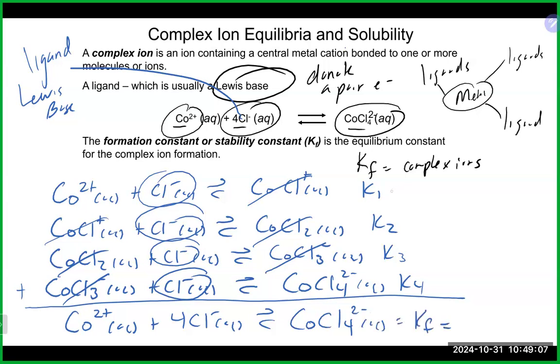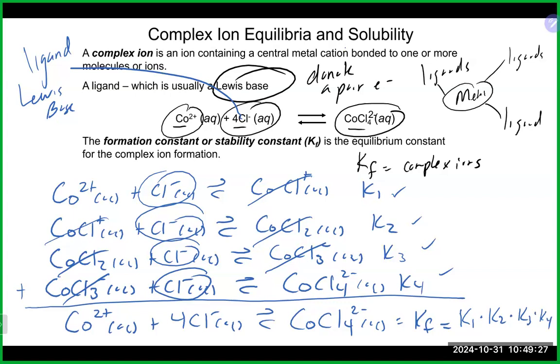By the way, if I knew just these numbers and I wanted to calculate the Kf for this, what should I do with those numbers? Add, subtract, multiply, divide? Yes, good answer. You should multiply those together.